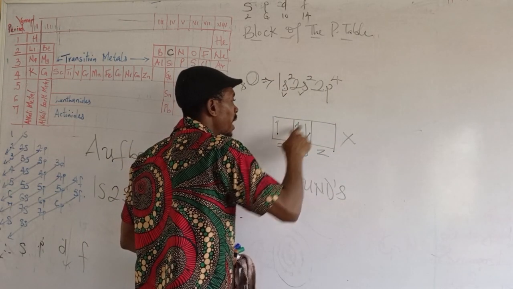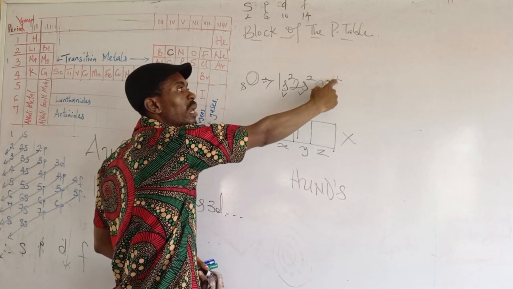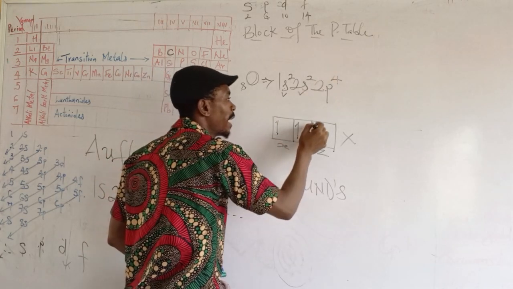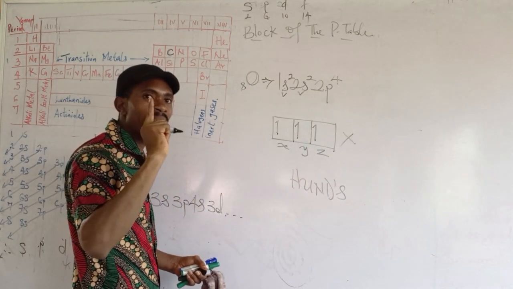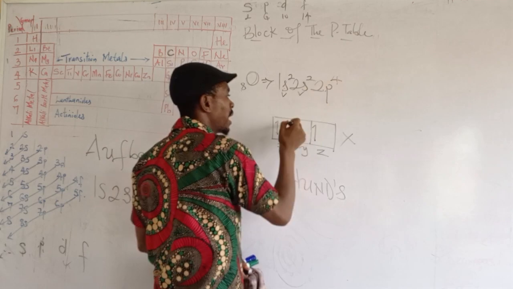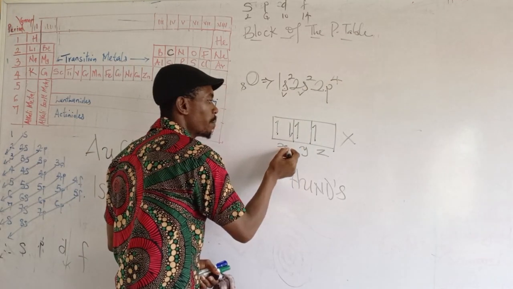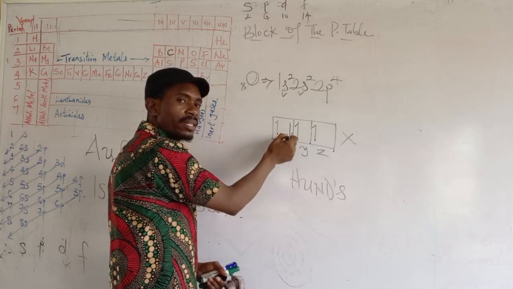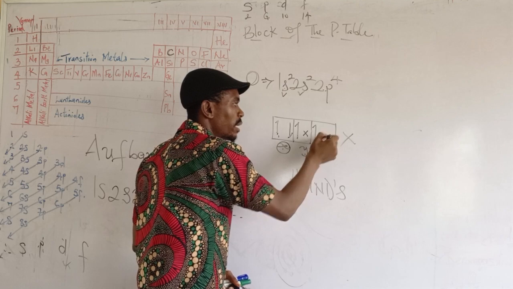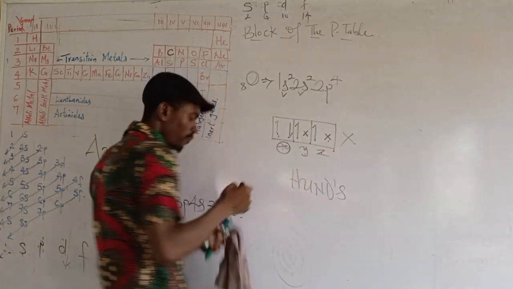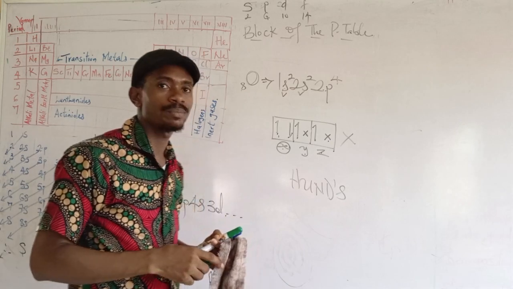So we first evenly distribute these 4 electrons: this 1, this 2, and this 3. The 3 orbitals have gotten 1 electron each, and we are left with 1. So that extra one now comes to pair here. Which means this x part is paired, but the y part is not paired, and z is not paired. So 1, 2. Therefore, oxygen has 2 unpaired electrons.